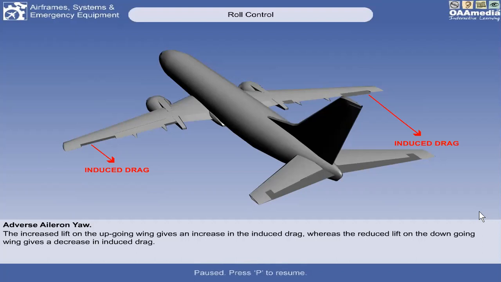Okay? So, 'di ba sabi nga natin kanina, kunwari dito sa illustration, yung aileron sa left wing naka-deflect upward. So therefore, naka-decrease yung camber niya, so decrease aerodynamic forces.